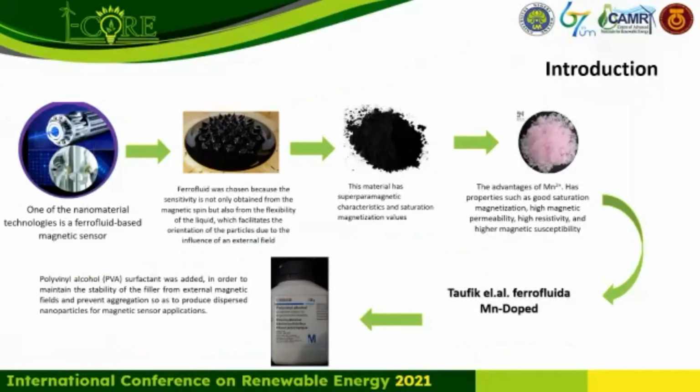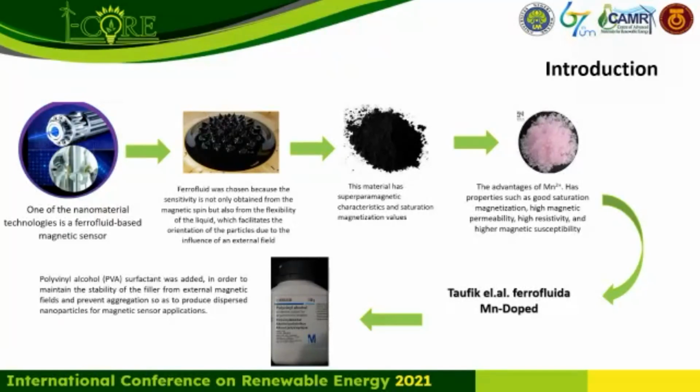In recent years, the development of nanomaterial technology has increasingly been carried out, one of which is ferrofluid-based magnetic sensor technology. Ferrofluid was chosen because the sensitivity is obtained not only from the magnetic spin but also from the flexibility of the liquid, which facilitates the orientation of the particles under the influence of the external field.